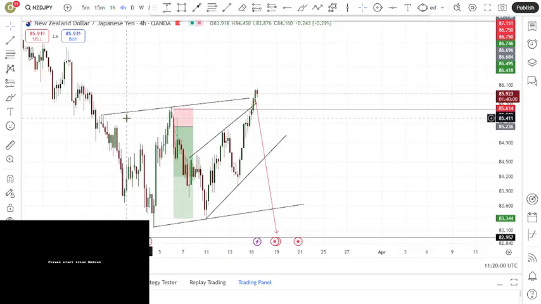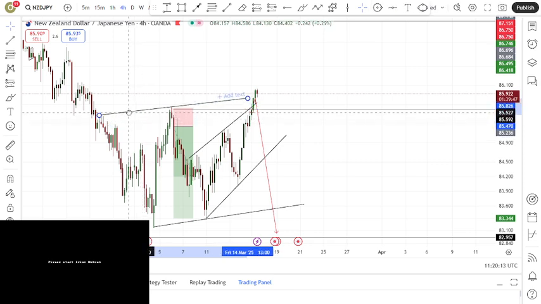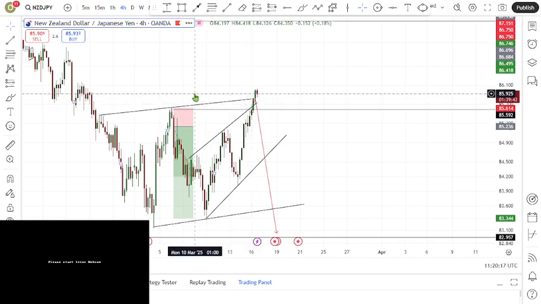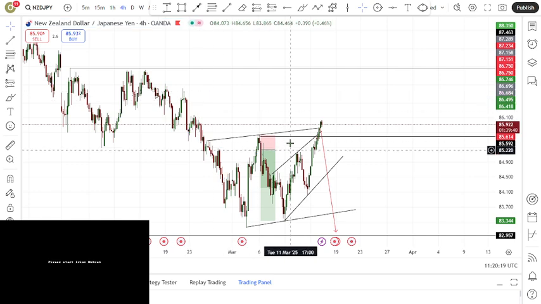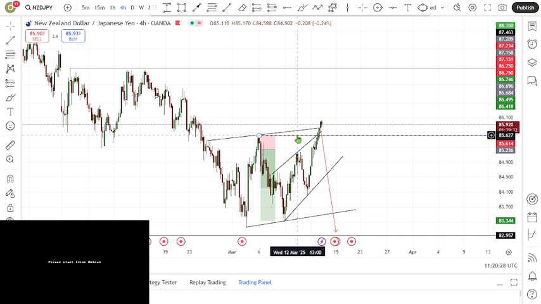It is our job to identify where we can position ourselves to take advantage of the opportunity the market presents.